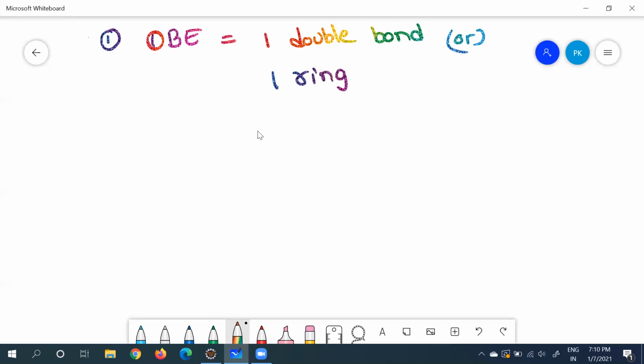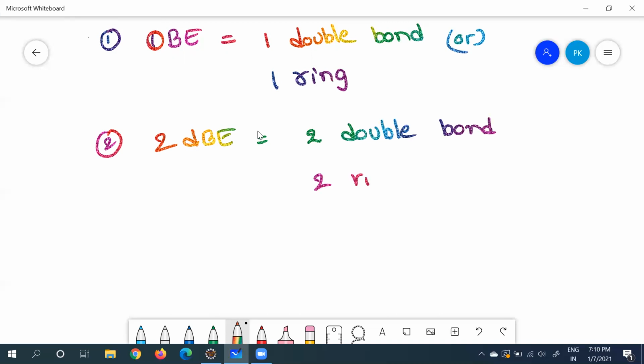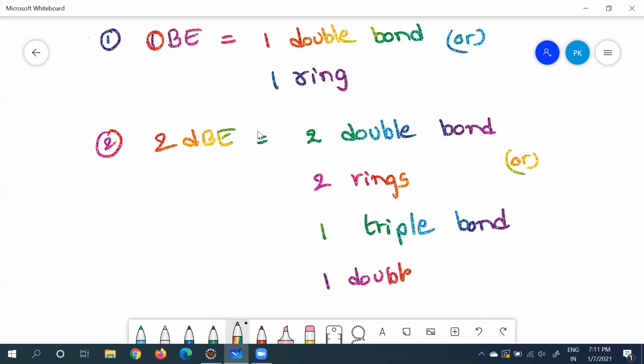Similarly, if two double bond equivalents have come, there may be two double bonds in that structure, or two rings, or two double bond equivalence is equal to one triple bond, remember. In that way you can guess, even one double bond and one ring may be present. Depending on that, you have to choose.